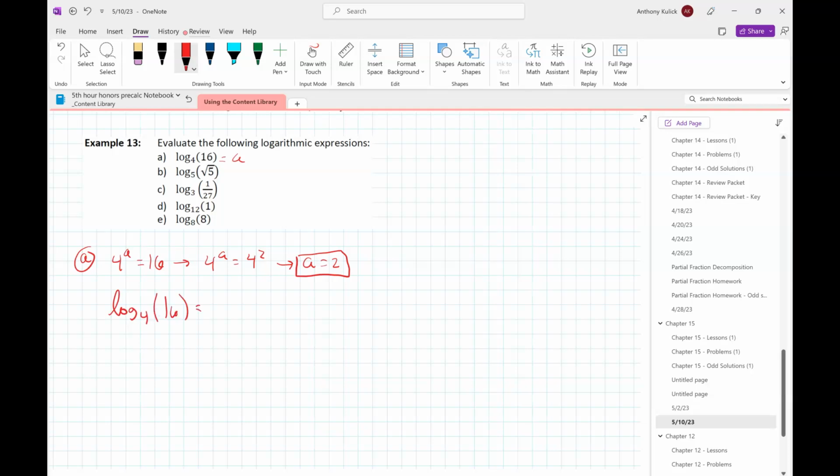The other way that you could think about this is you could attempt to rewrite 16 as a base 4 number. Well, I know that 16 is the same as 4 squared, and I know log base 4 is going to cancel with exponent base 4 and give me 2.